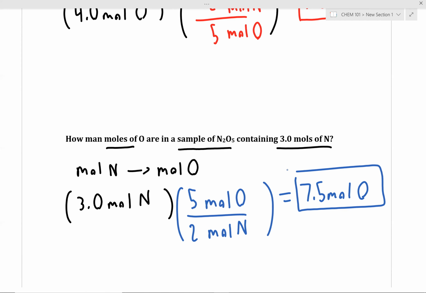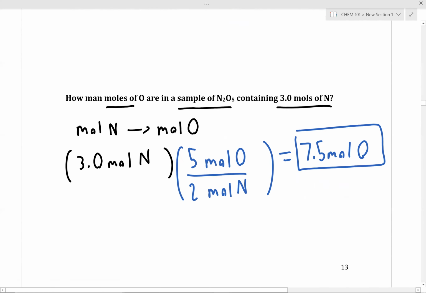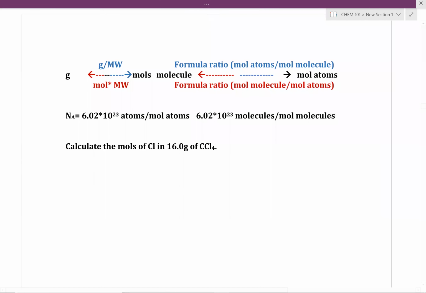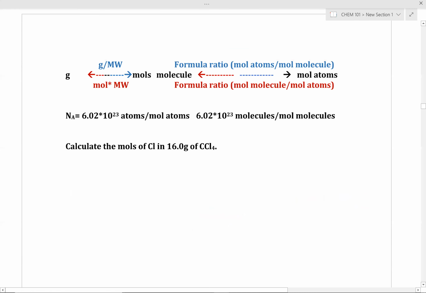Now what we're going to do is take all of these conversion factors and combine them together to deal with higher order problems. To showcase an example of a higher order multi-step problem, I've indicated a color-coded problem-solving scheme.